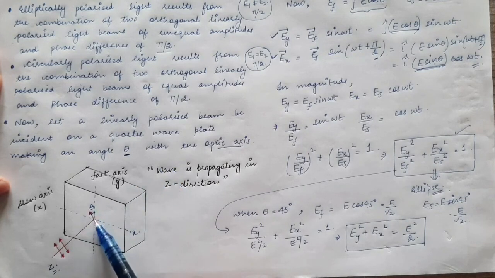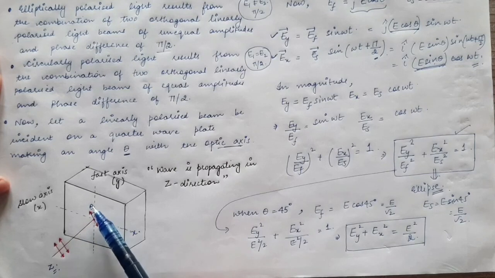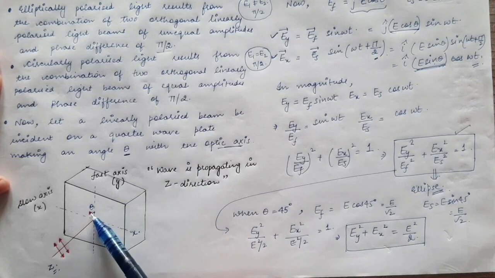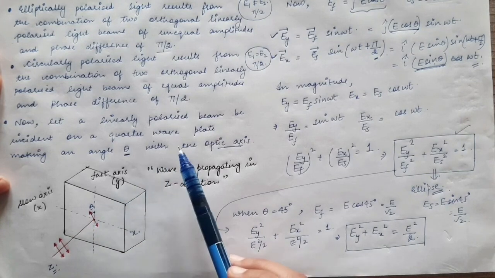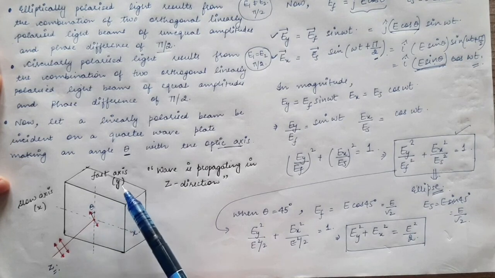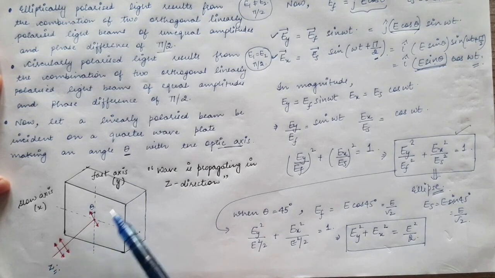And if the vibrations of the electric field make an angle of 45 degrees with the fast axis, in that case we will get circularly polarized light. Other than that angle we will get elliptically polarized light. So you have to remember.